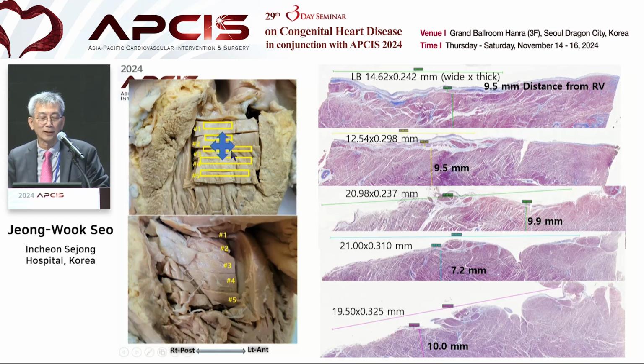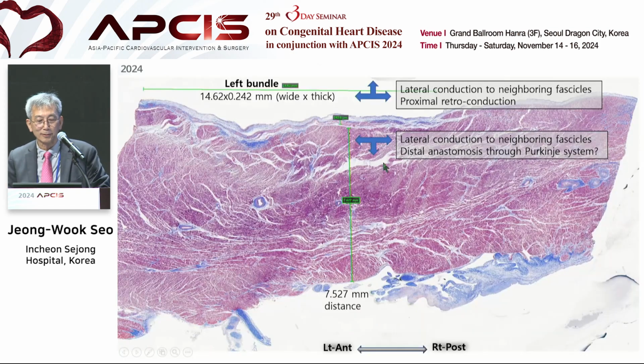So we found that it would not be very difficult to pace those left bundle branches. But the problem is, if we puncture like this and then pace this area, does it produce a lateral propagation to make all the left bundle pace together?